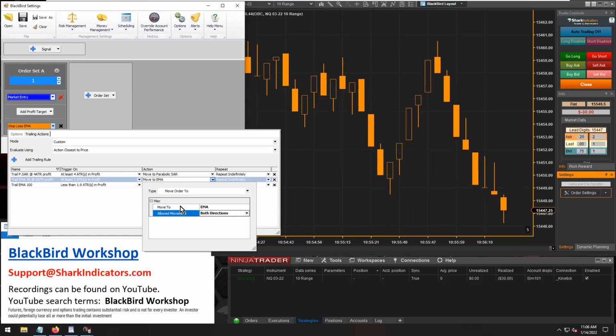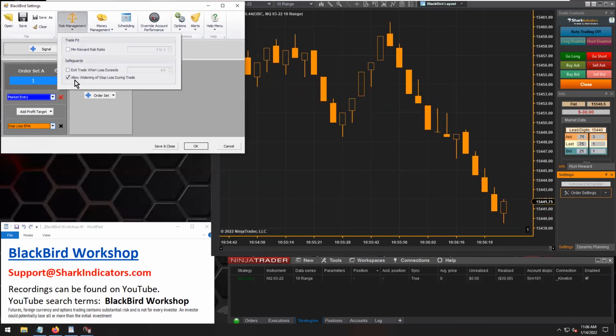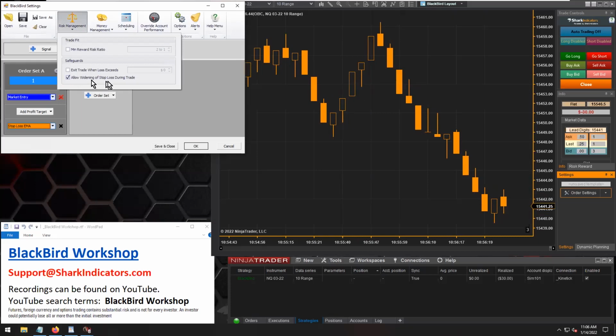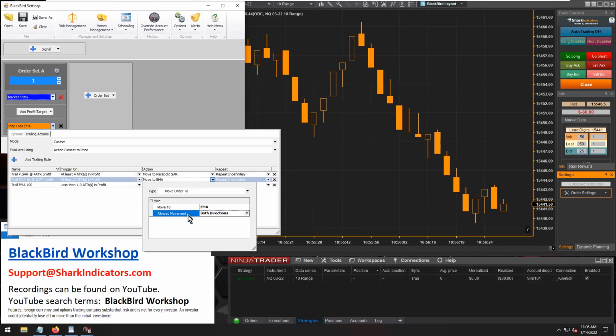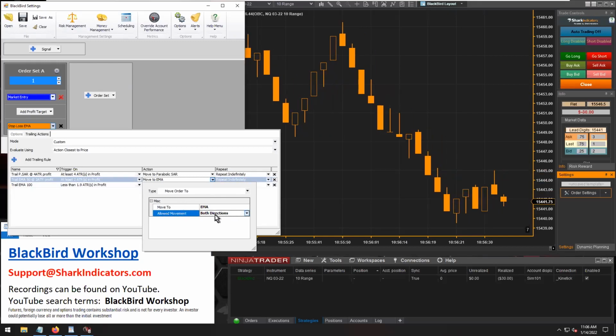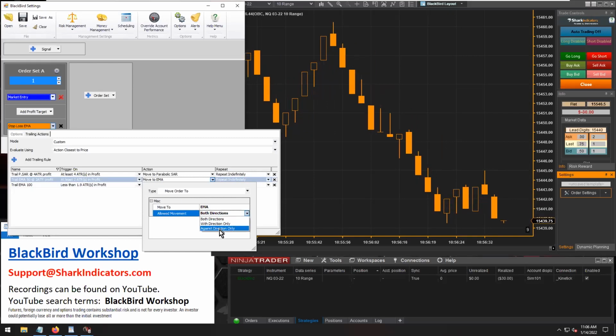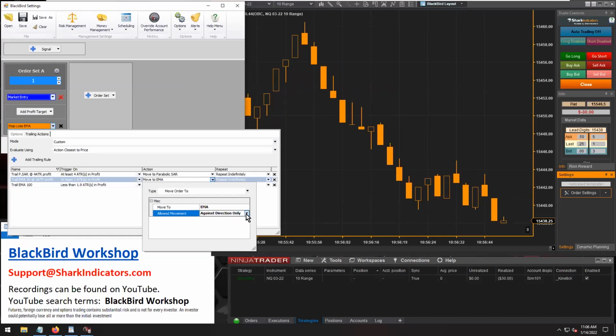So, right, there's two things that have to be done. One is go into your risk management and allow widening, and then in the actions, you have to have an action that allows movement, either in both directions, or at least against direction only. I can't imagine anybody really using the against direction only, since that's always going to move your stop loss away.